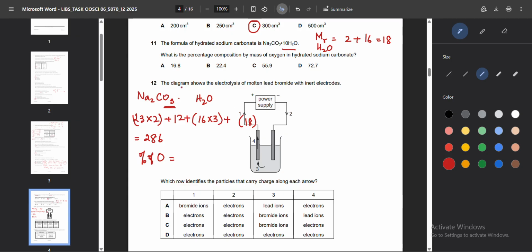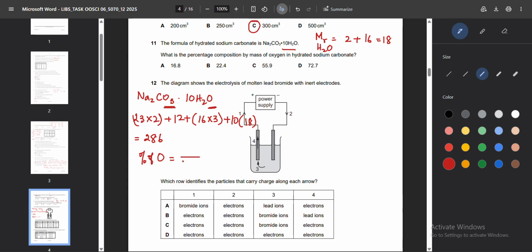We have 10 water molecules in the formula given. So how many oxygens do we have? 3 over here with carbonate and 10 oxygens in water molecules, so that makes a total of 13 oxygen atoms.